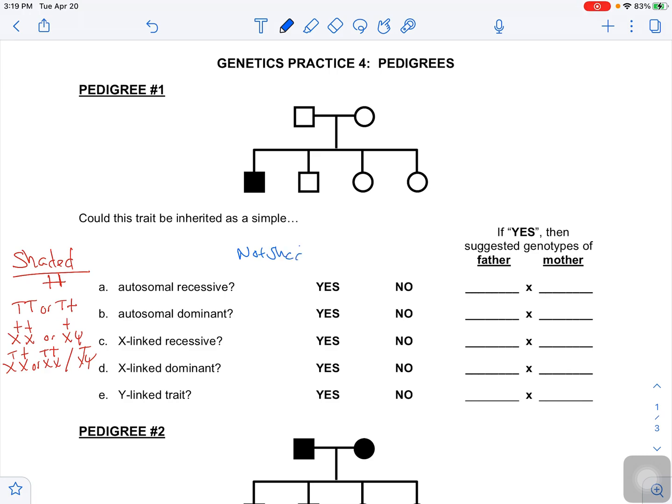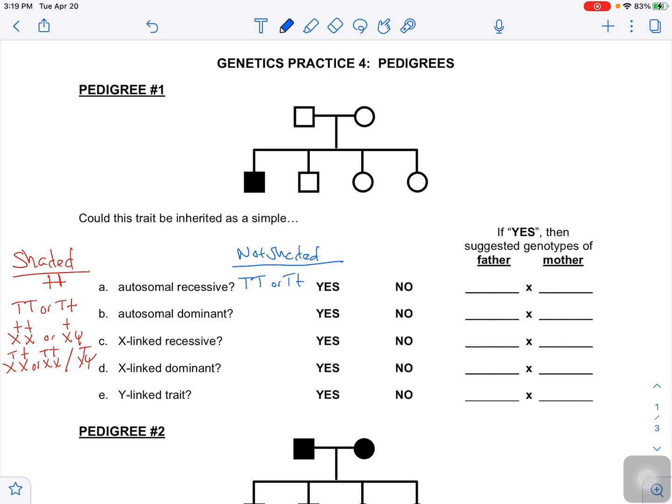So we actually know something about each individual person in the pedigree. So the not shaded individuals, if it's autosomal recessive, that means that the not shaded individuals will either be homozygous dominant or heterozygous. They would be opposite of the shaded individuals.